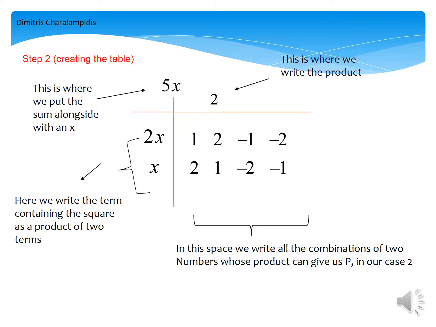On the right column, it's the space where we write all the combinations of two numbers whose product can give us p. In our case, we write all the combinations of two numbers whose product equals number 2.